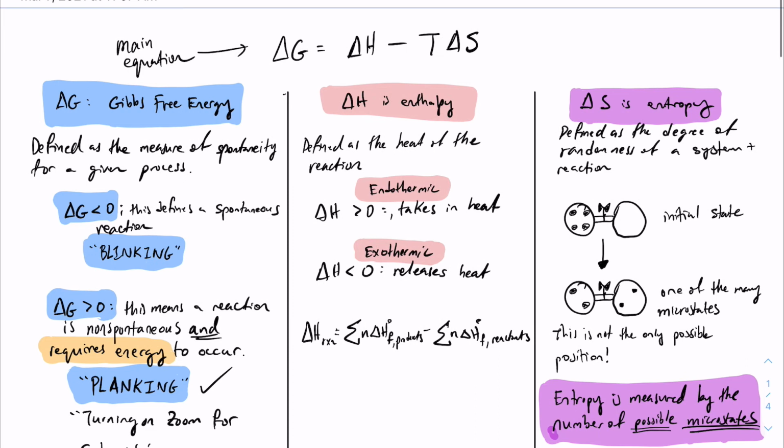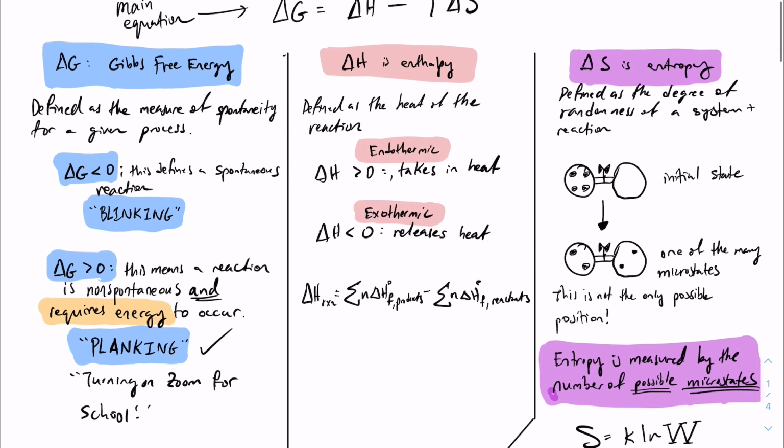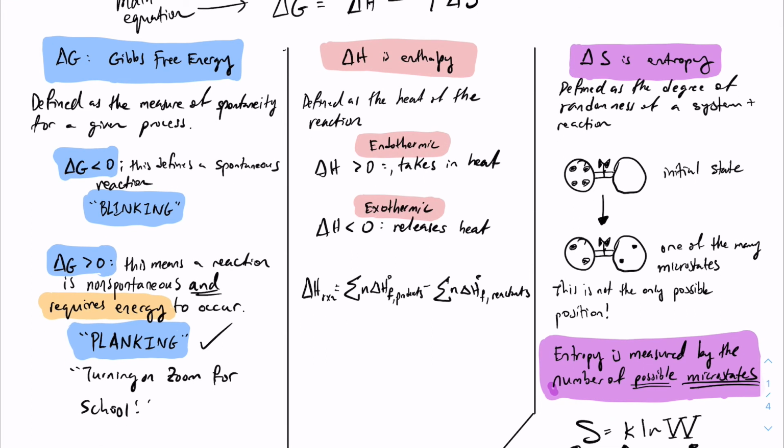Now that we've covered delta H, we can talk about delta S. Delta S is defined as the degree of randomness of a system. Say we have a system where all these molecules are built up on one side of the container, with a little lock here and an empty vessel here. We can think of this as the initial state.